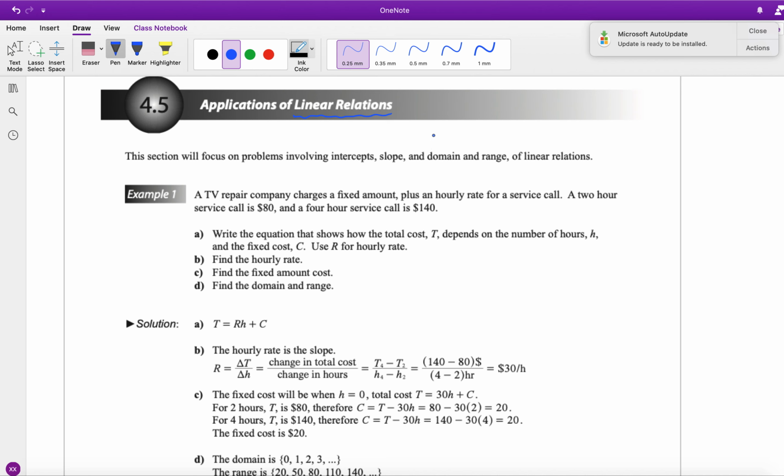So a linear relation is basically y equals mx plus b. The slope is a certain rate. We talked about the rate of change in the previous section. The x is how many years or how many different things.